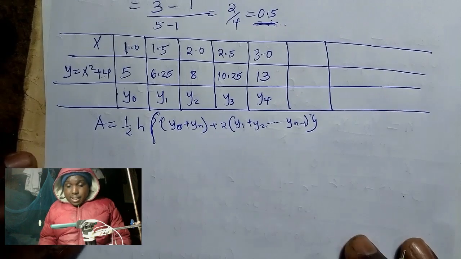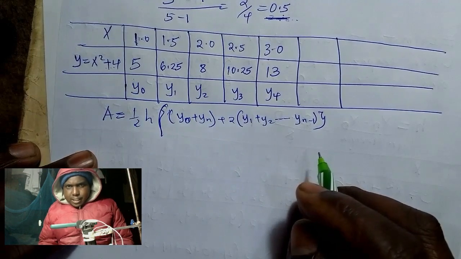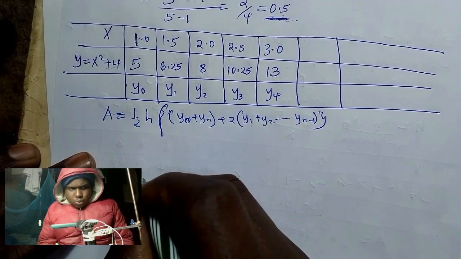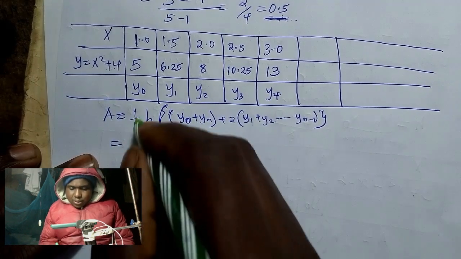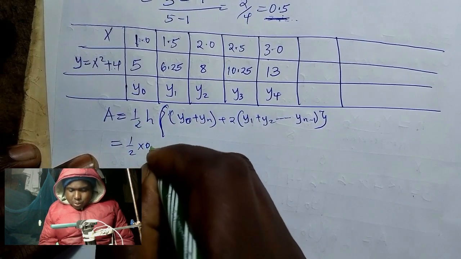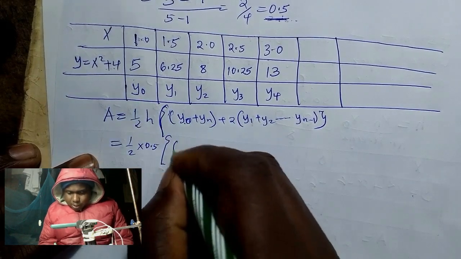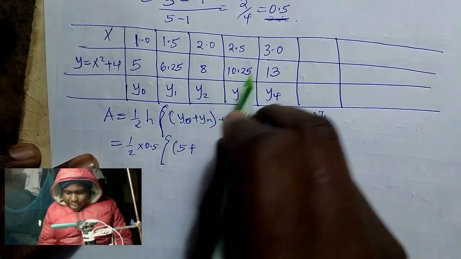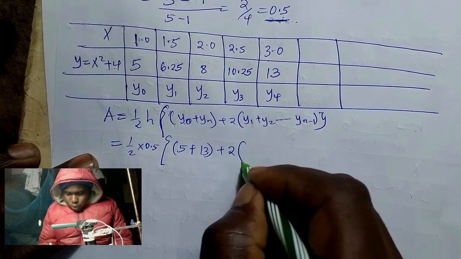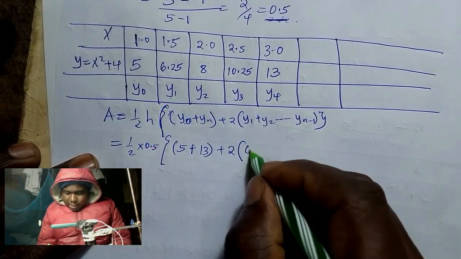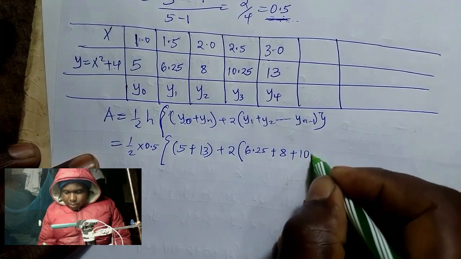Now what you need to do is to insert the values. This is a half times 0.5. You open the big bracket. Y naught is our 5 here, plus yn is the last one, which is 13. You close the bracket plus 2 into y1, which is 6.25, plus 8 plus 10.25.